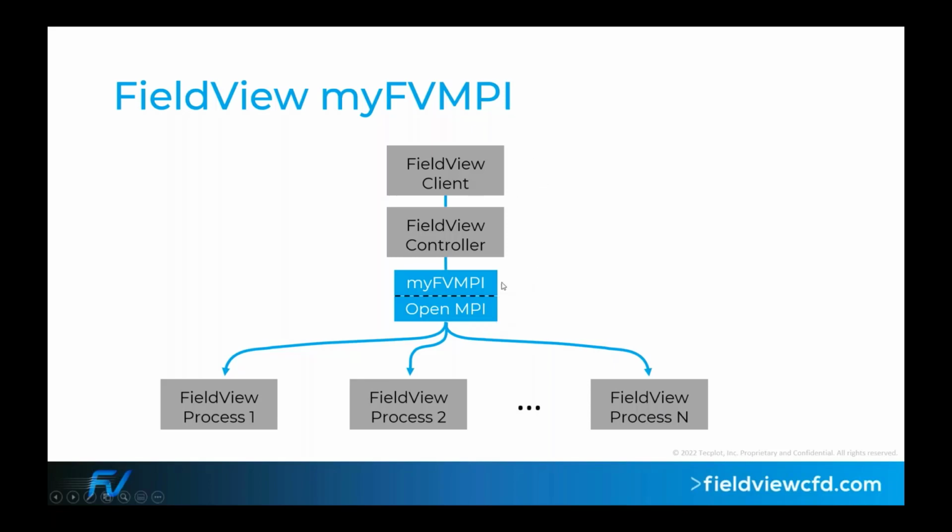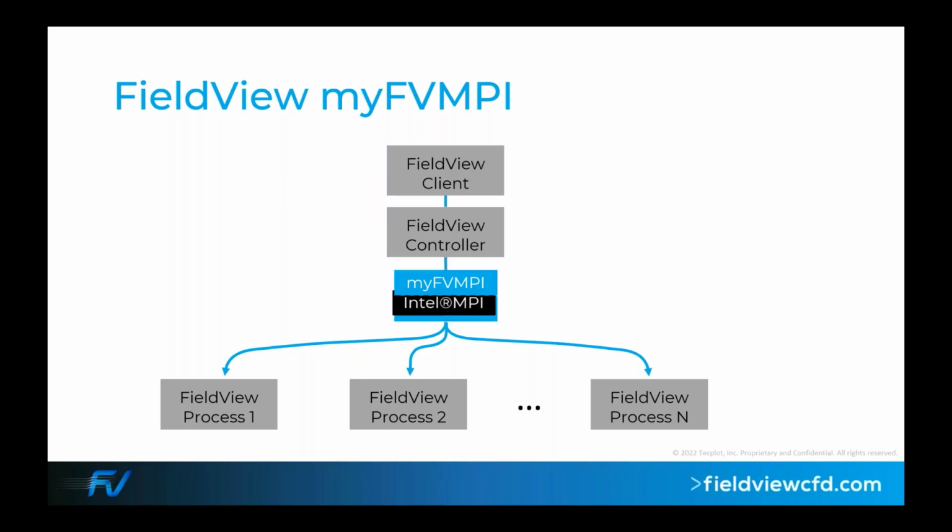So we have a new module between the FieldView controller and OpenMPI, which we call myFVMPI. And what it does is that it lets you use any MPI you may want. If you have an HPC system, if you care about parallelization of your tools, you probably have an MPI that has been compiled and customized specifically for your HPC system.